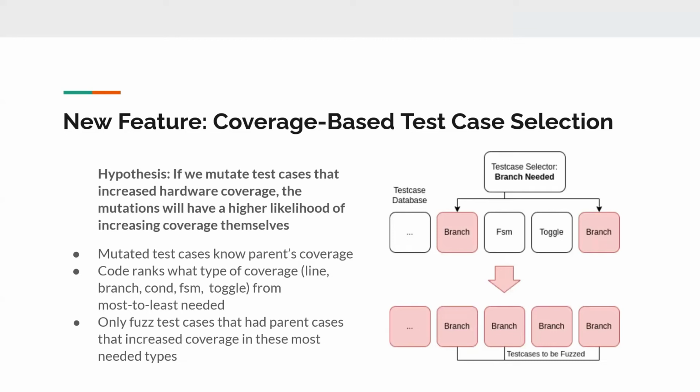And then those test cases will be the ones that are fuzzed. In the event that we don't have enough test cases that have a specific type, then our code ranks what is most needed, and then it'll move on to the next most needed all the way until the end. And if it reaches all the way to the end, then it'll just take the first 10 like otherwise.